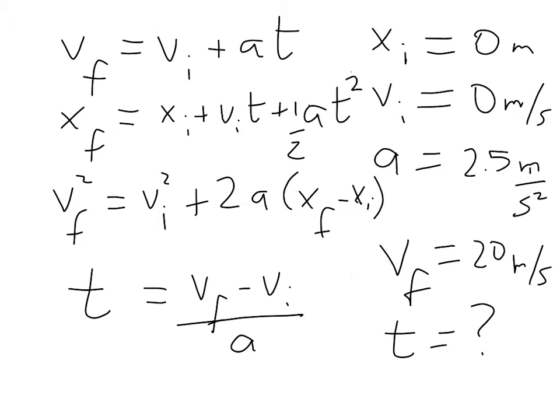Therefore, this will simplify to 20 divided by 2.5, which gives us a time of 8 seconds. This is the answer to the first question: how long does the officer accelerate?